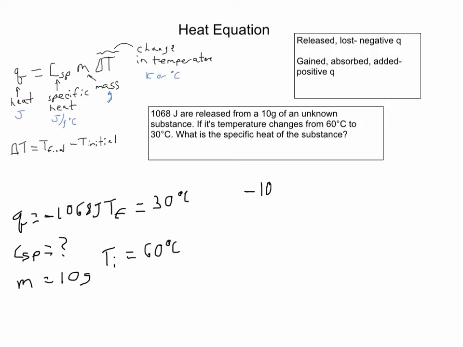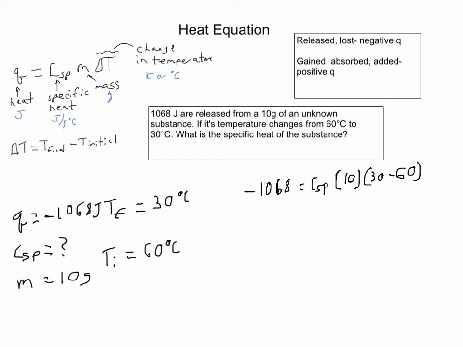Negative 1,068 equals specific heat times the mass times delta T. T final is 30 degrees Celsius minus the initial temperature, the starting temperature, 60 degrees Celsius.